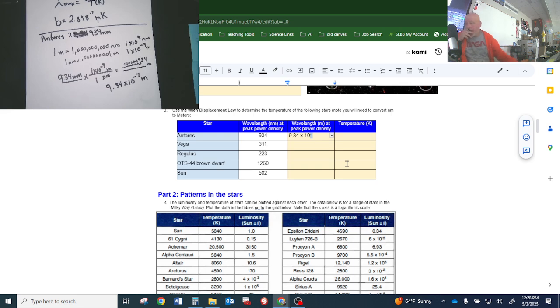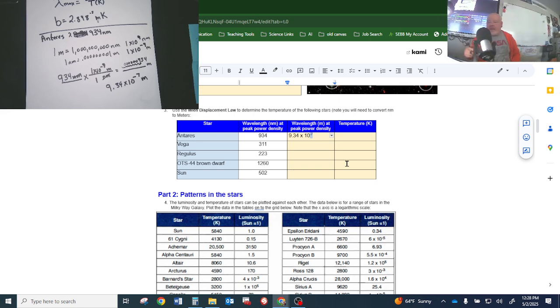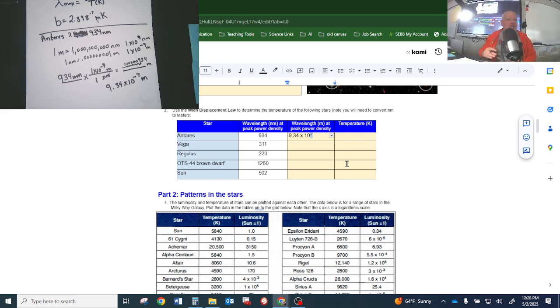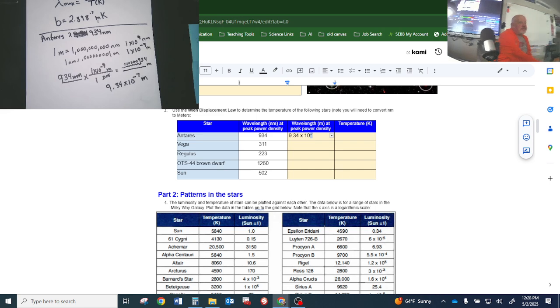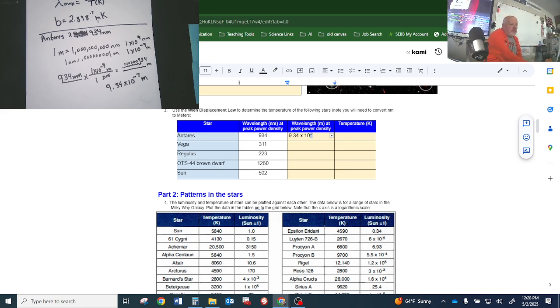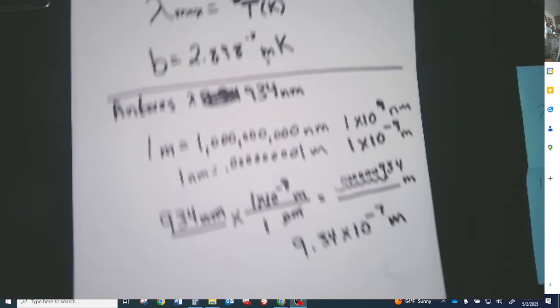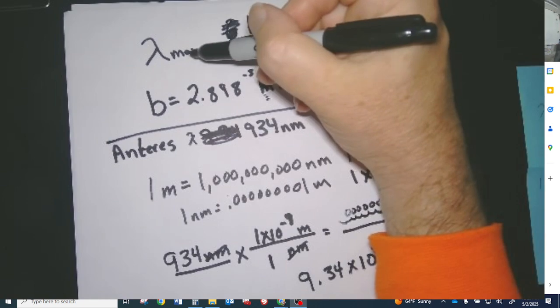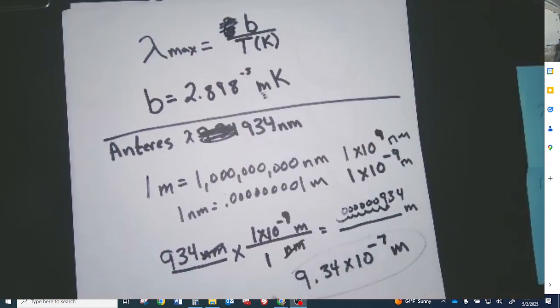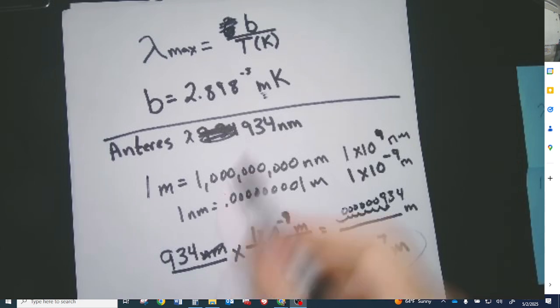All right, now we've got the actual wavelength that we can use in the formula. We have everything that we need to do this problem. We have the wavelength, which is this number right here for that star, for Antares.